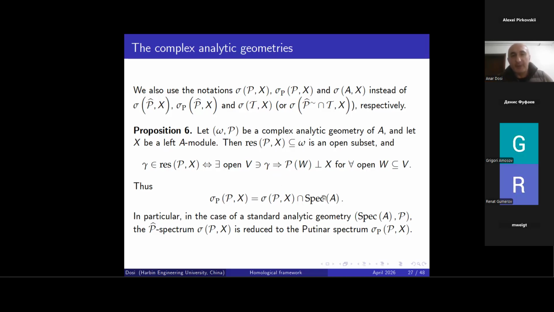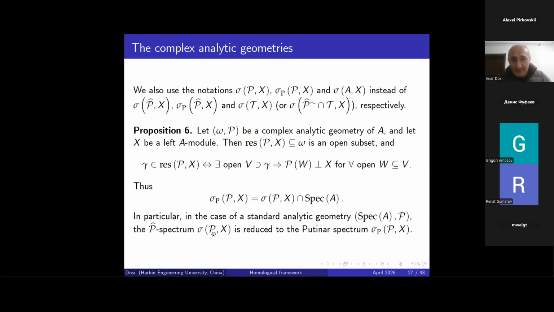The complement is the spectrum. If you take this spectrum and restrict to characters, we end up with the Putinar spectrum. That's the link between them. So in general, omega is bigger than this one, but if you restrict here, we have the Putinar spectrum.